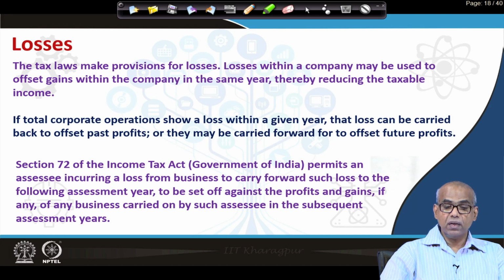Section 72 of the Income Tax Act, Government of India, permits an assessee incurring a loss from business to carry forward such loss to the following assessment year to be set off against the profits and gains, if any, of any business carried on by such assessee in the subsequent assessment years. So, generally every country allows companies to carry forward the losses to offset future profits.